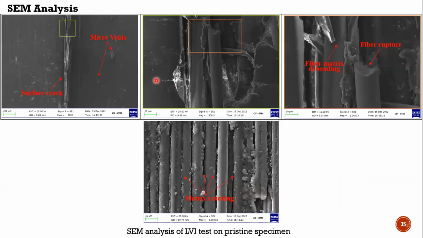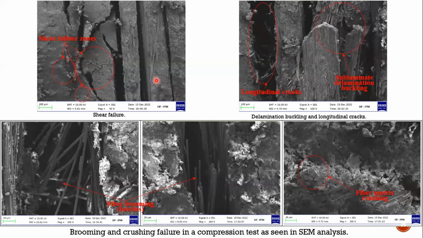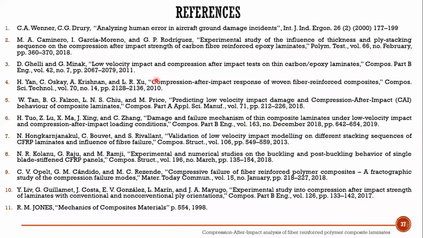And for some micro failures, we went for SEM analysis, which comes in the validation part, to see why the particular component is failing. We have fiber rupture, fiber matrix debonding, and some shear failure zones. So a number of failures are happening in the entire laminate. And that's it, we have completed our validation.